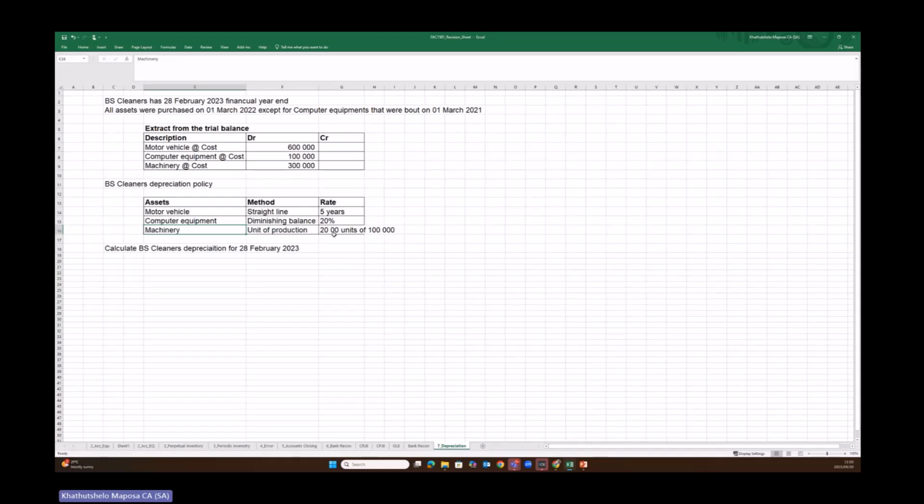This year it has produced 20,000 units out of 100,000 units, which the machine is capable of producing. Tepo, you will do machinery. Daphne, you will do computer equipment, and Pato, start with the motor vehicles. Pato, the stage is yours.